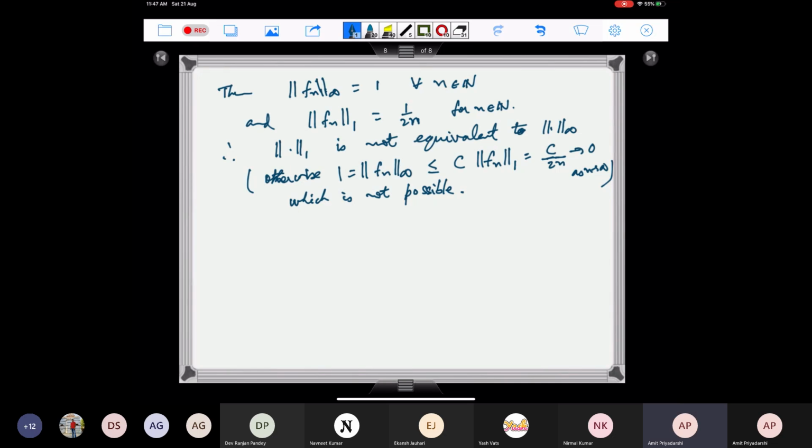How do you define a norm? One property is that the norm of lambda x is equal to, what is the norm of lambda x? Mod lambda times norm x. What do you mean by mod lambda for an arbitrary field? We don't have any such thing, right? So a normed linear space is always over the field of real numbers or the field of complex numbers.